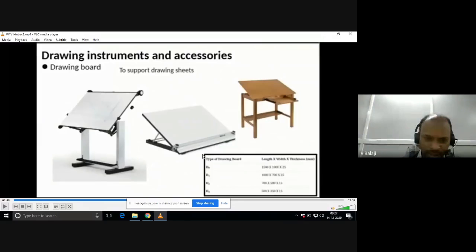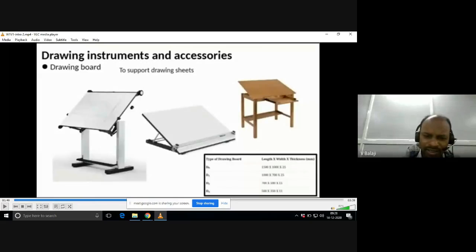Now, here, these are the drawing boards where we keep the drawing sheet. And it is of different shapes according to whether it is an industry or an academic institute. Accordingly, they will prepare the drawing boards, but the drawing board has some standard designation as well as length, width, and thickness. And the material of the drawing board is also very important.